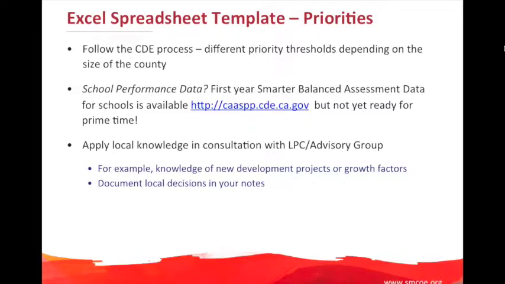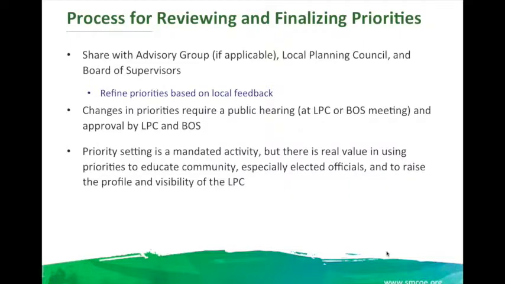Once you've done this math and developed these spreadsheets, then you want to share it with someone. And my advice would be first to share it with your advisory group, because you might find, gosh, some of this is a little odd. There might be something that looks strange, or you may have local knowledge about something that the census, the American Community Survey, hasn't picked up yet.